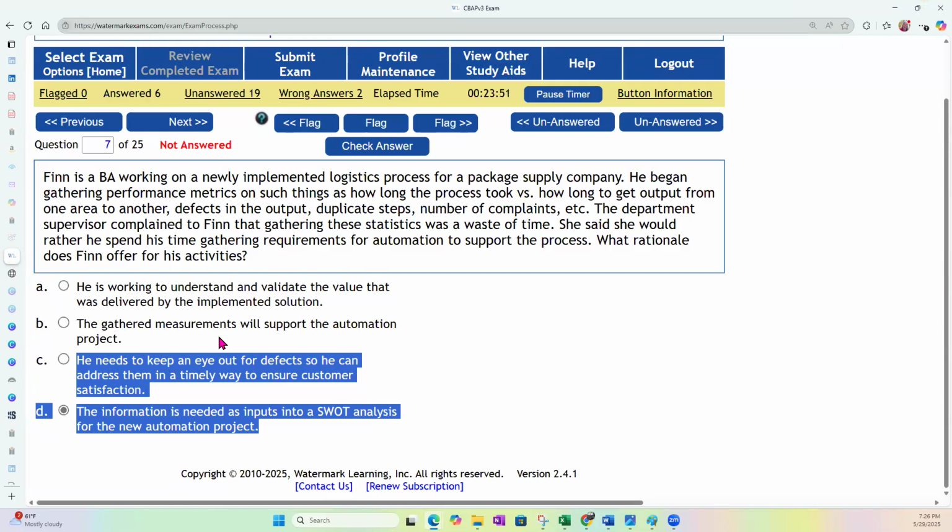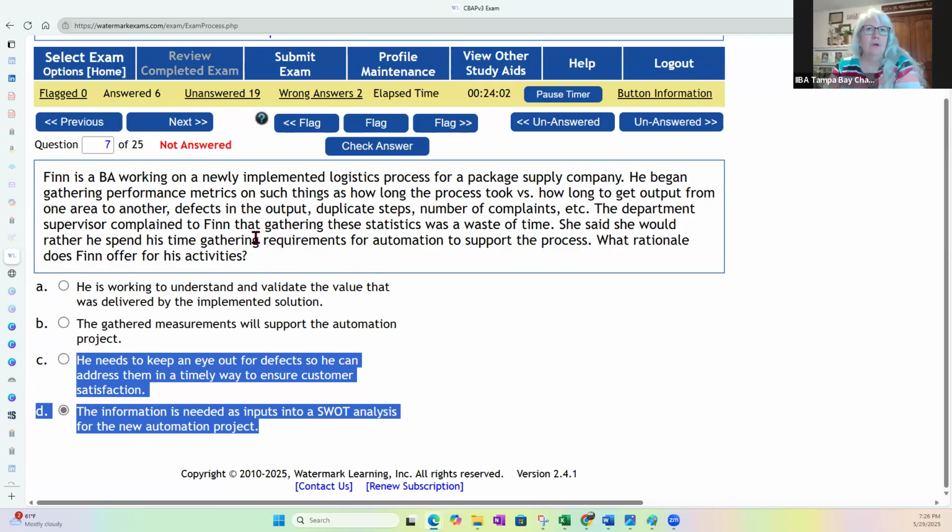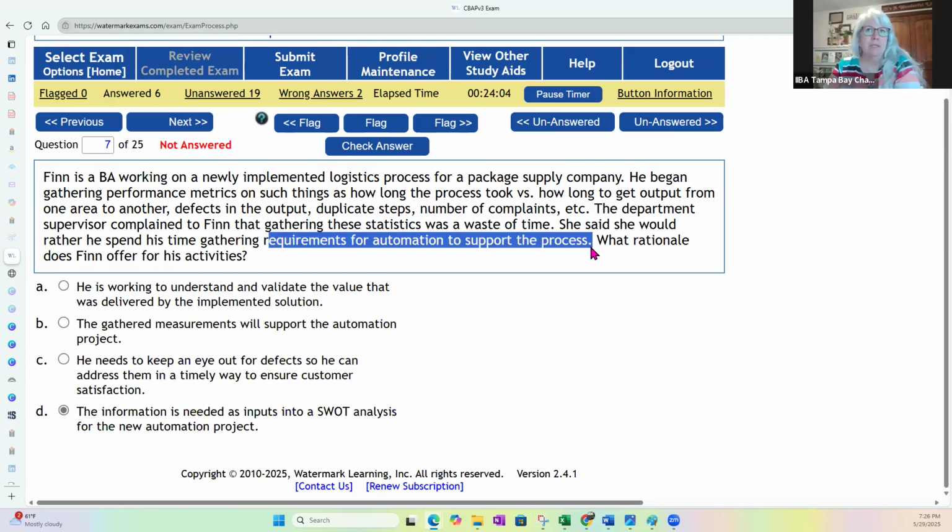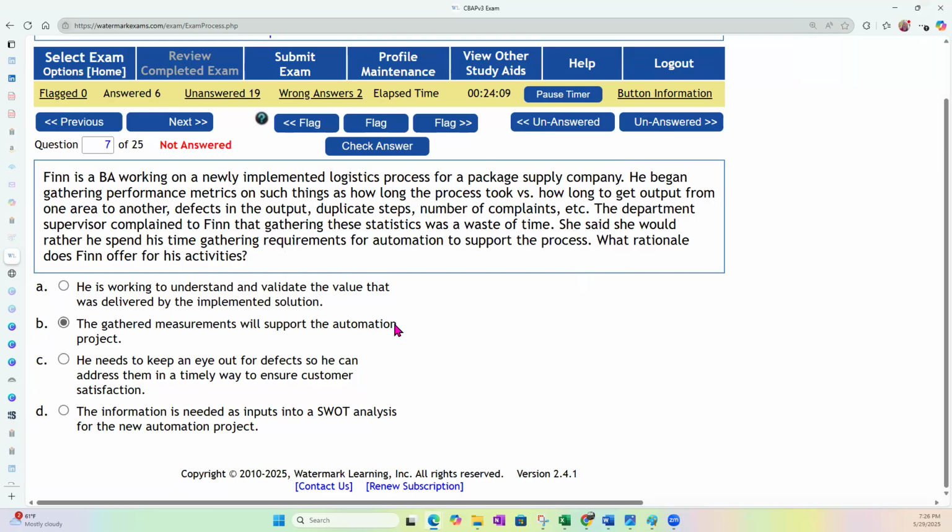It is already implemented. It looks like they're going to automate a process. And it says newly implemented. So it is already implemented, so it is already a solution.